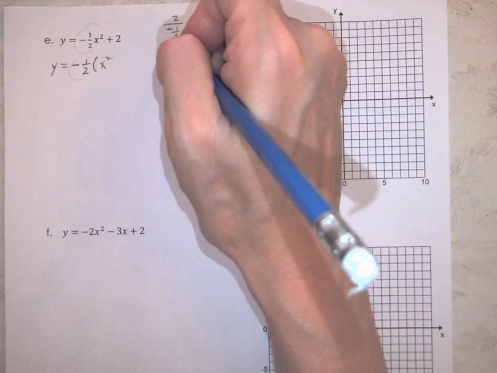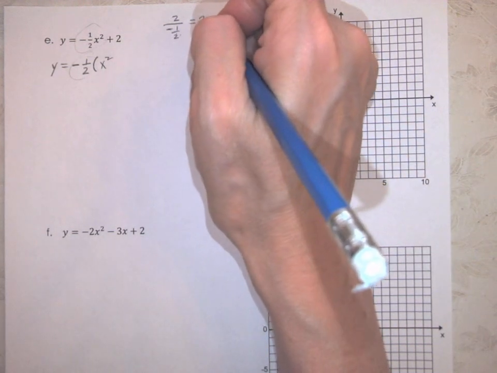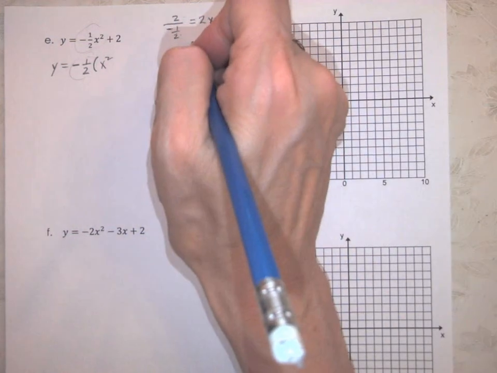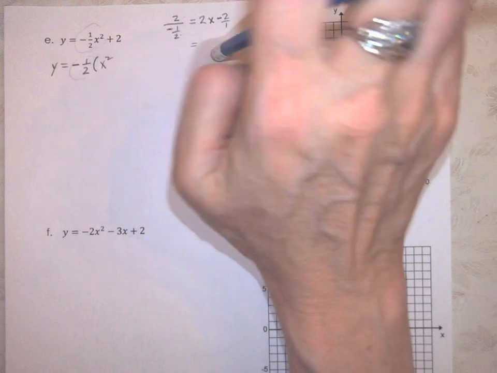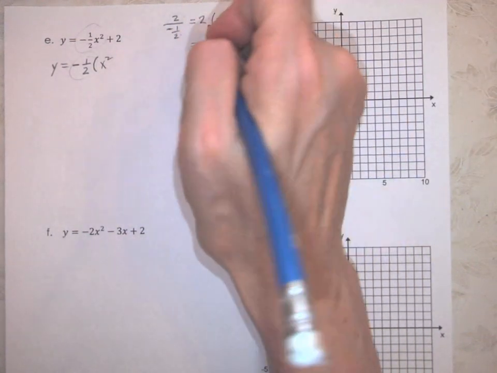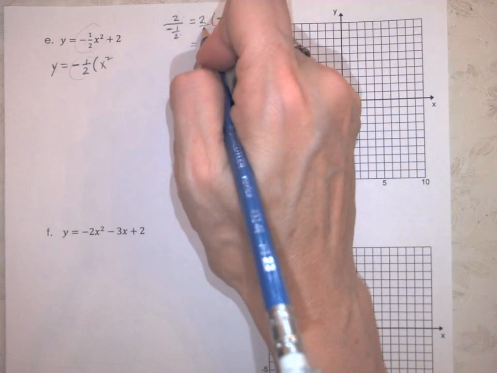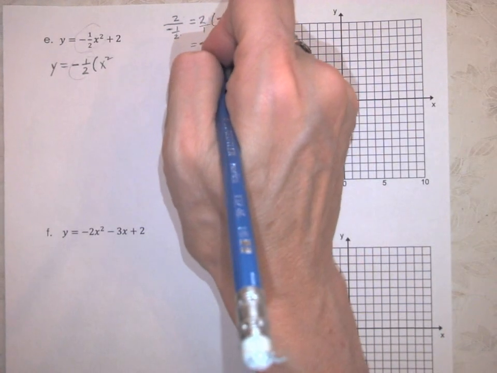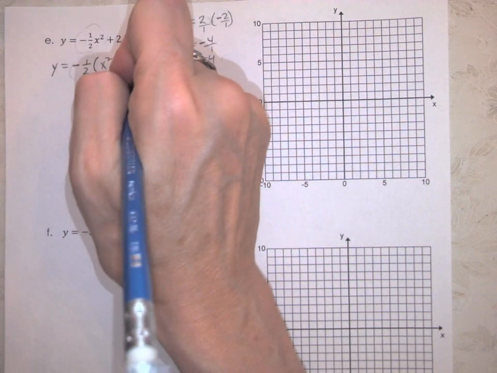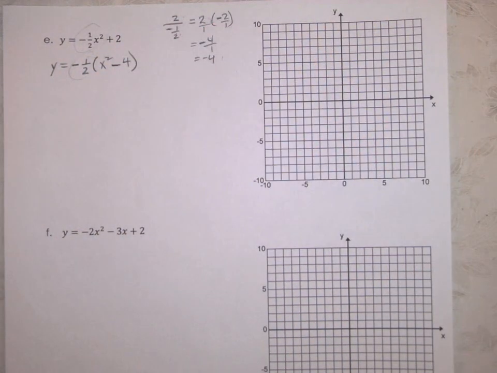So if we're dividing by -1/2, we'd be multiplying by -2/1. This is a times sign, so I should actually use brackets so it doesn't look like an x there. We could make this 2 out of 1, so we get -4 out of 1, which is -4. So we end up getting x squared minus 4 when we common factor the -1/2 out.